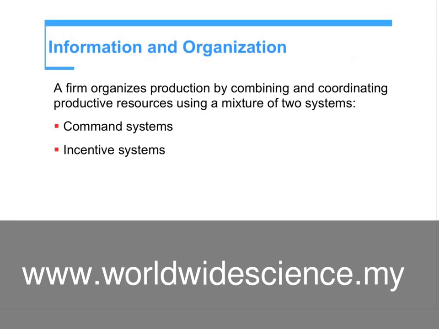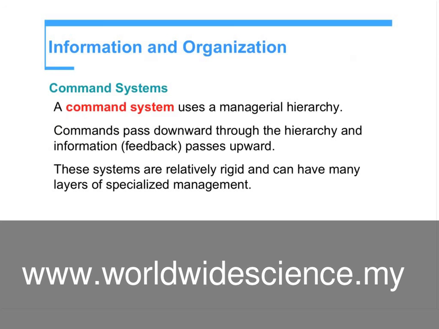The commands pass downward through the hierarchy, and information or feedback passes upward. So let's say the highest level of management passes down the commands, but the feedback or the information comes from the very bottom, upward. The command goes downward, but the feedback goes upward. These systems are relatively rigid and can have many layers of specialized management.